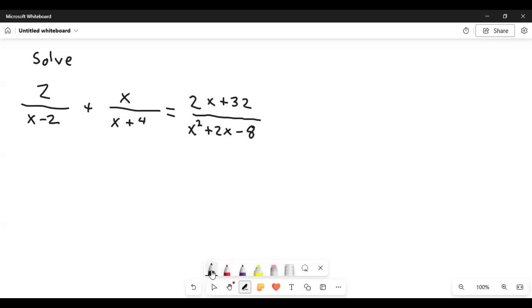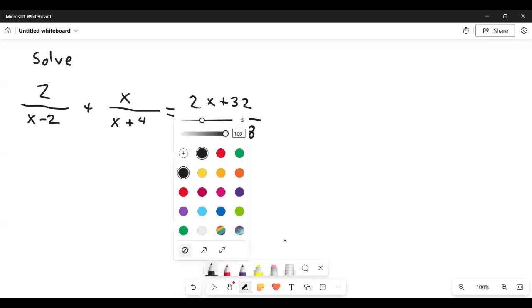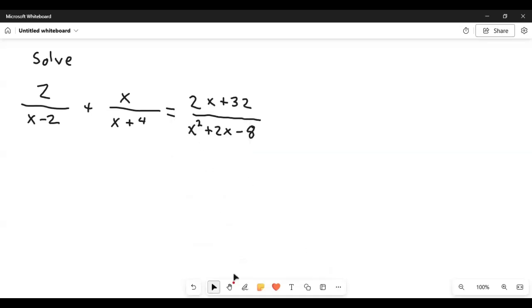To start, let's factor the denominator of your second fraction. To do that, we want to find two numbers that multiply to equal -8 and add up to equal the number in the middle, the 2. Those special numbers are a 4 and a -2.